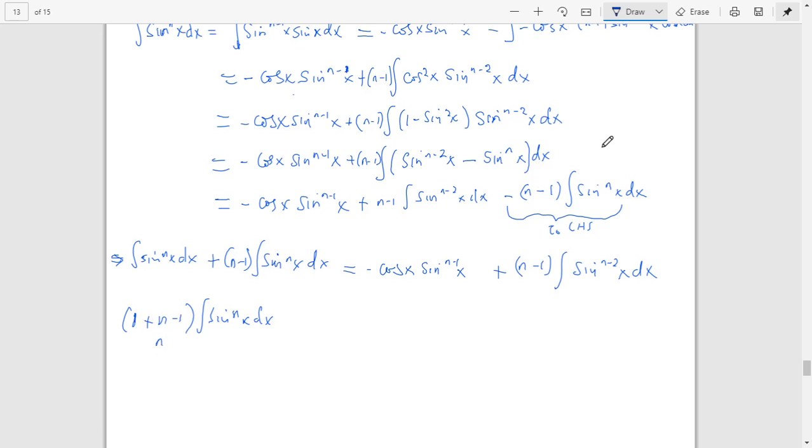So on the left hand side of this equation, I'll be having n times the integral of sine to the power of n x dx, and this is equal to whatever is on the right. I'll still write that down, though it becomes repetitive, but it's okay.